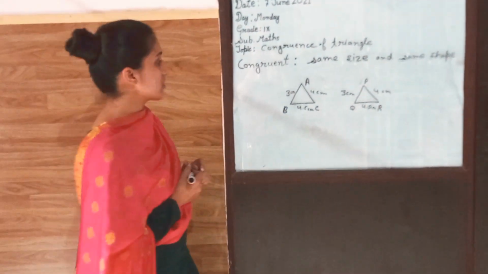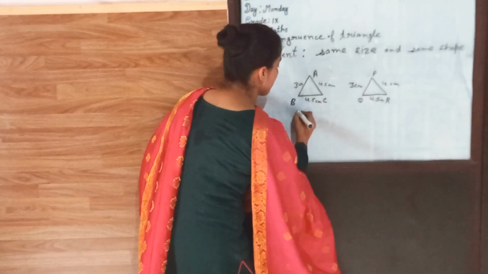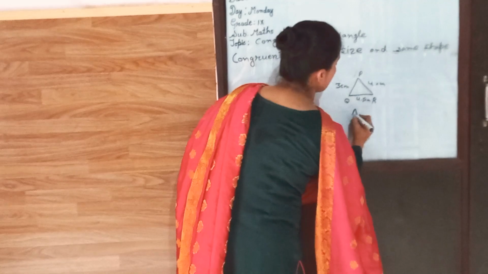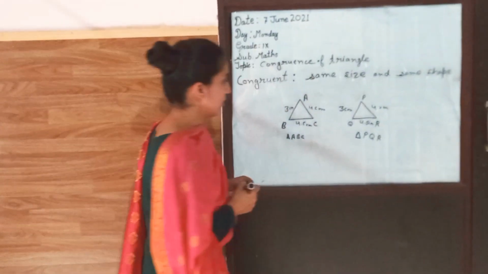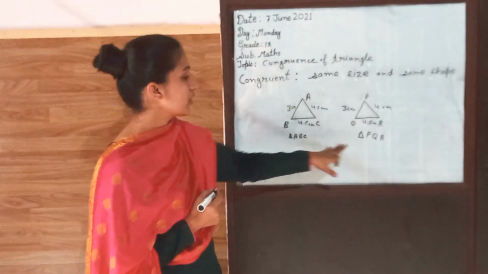So we can draw such types of triangles in this way: triangle ABC and triangle PQR. So both these triangles are congruent.